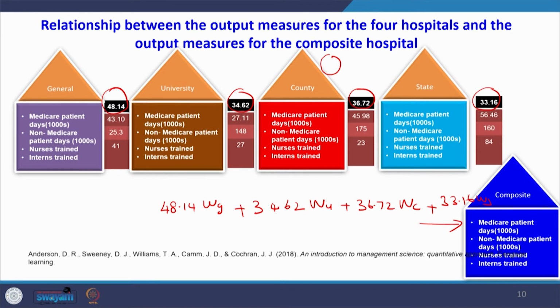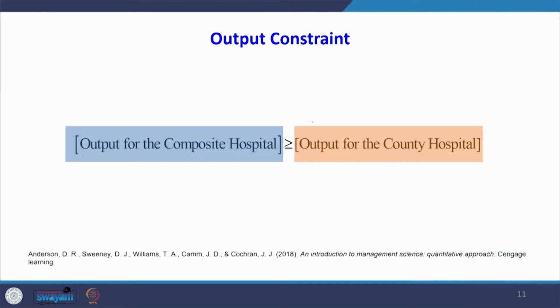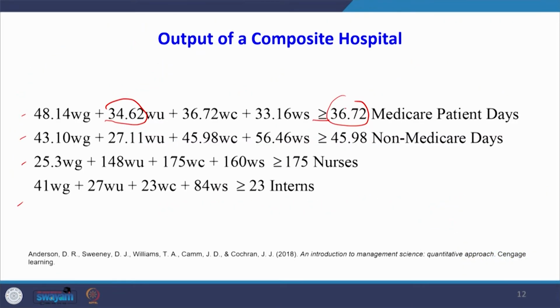The output of Medicare patient days for the composite hospital is greater than the output of the county hospital for one variable, that is Medicare patient days. That is why I have written it like this. For the second output, these values 36.72, 45.98, 175, 23 are only for the county hospital. The left hand side value is the output for the composite hospital.